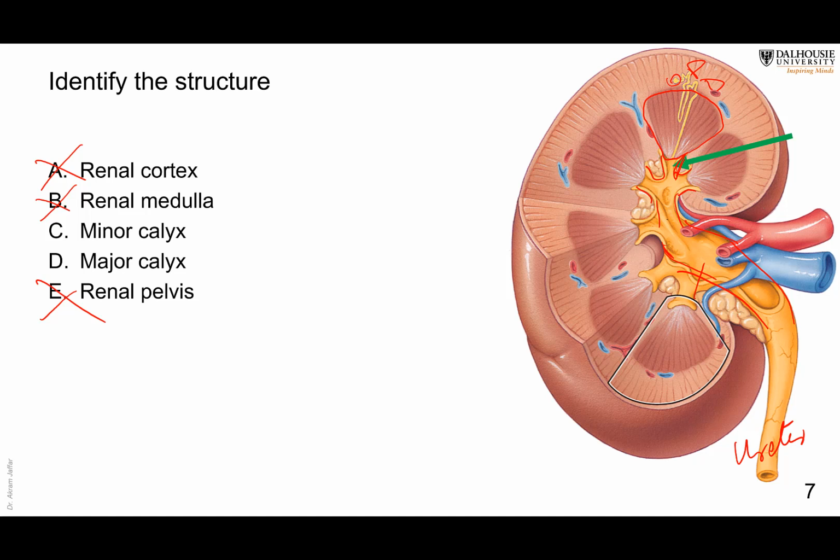So 3 to 4 minor calyces unite to form 2 to 3 major calyces, and then these unite to form the renal pelvis, and the renal pelvis passes through the hilum of the kidney, goes downwards, and becomes narrowed to form the ureter. And so the correct answer is the minor calyx. And the part of the medulla that projects into it is called the renal papilla.